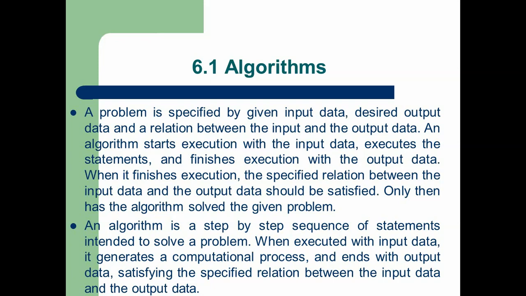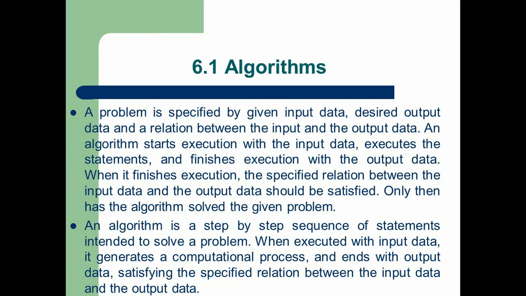First we see what an algorithm is. An algorithm is a sequence of statements intended to solve a problem. Whenever we solve any problem, we should know how to start our solution, how to end our solution, and in each and every step we need some inputs. By using that input, we can process it and create a new output.